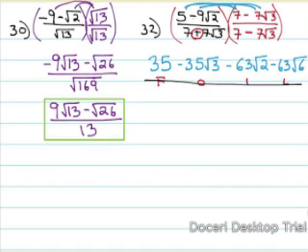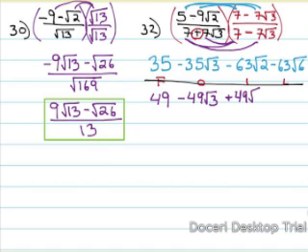On the bottom, we have to FOIL also. We'll use purple. 7 times 7 is 49. 7 times negative 7 radical 3 is negative 49 radical 3. Positive 7 radical 3 times 7 is plus 49 radical 3. And 7 radical 3 times negative 7 radical 3 is negative 49 radical 9.